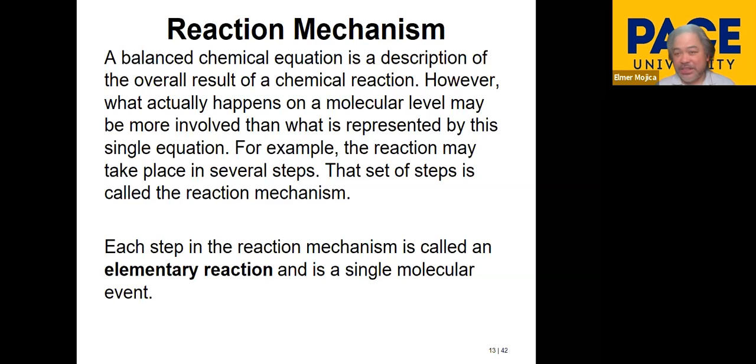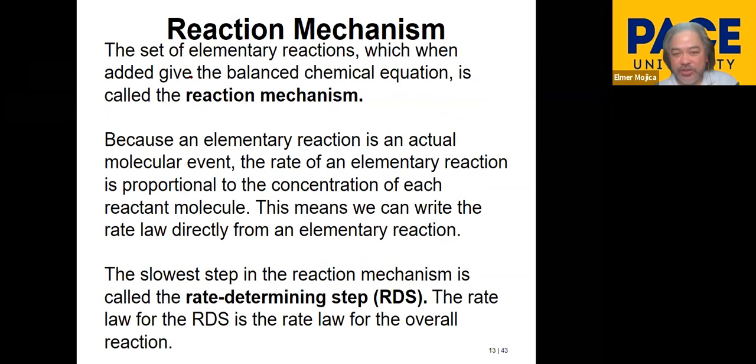So we could say the reaction mechanism is just the route of travel followed during a trip. Okay? So each step of the reaction mechanism is what we call an elementary reaction, and usually a single molecular event. So if we're going to look at the set of the elementary reactions, which then give us the balanced chemical equation, that is your reaction mechanism.